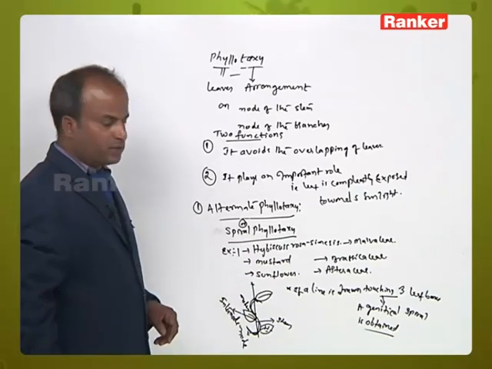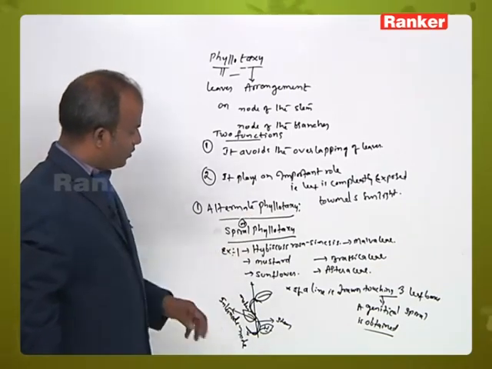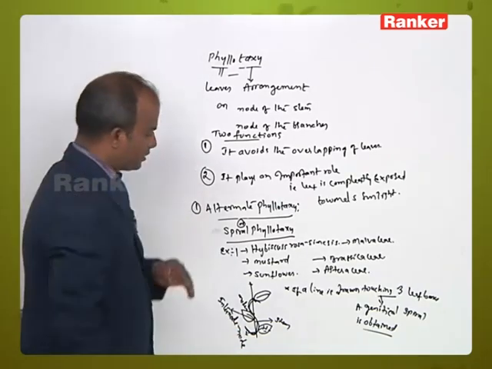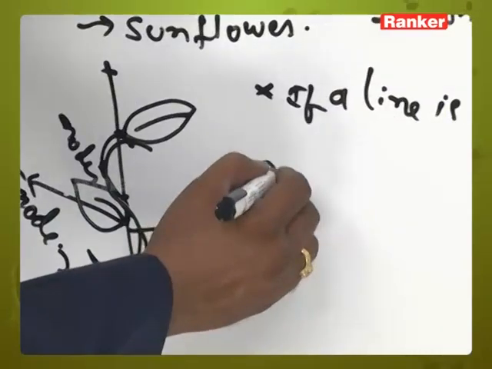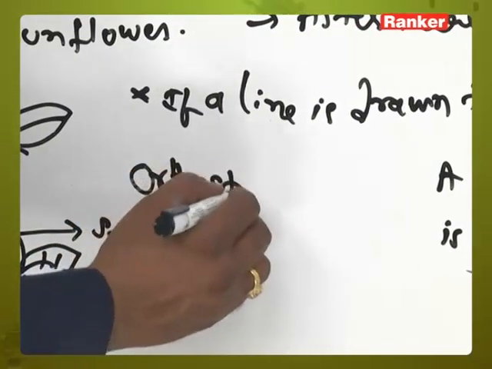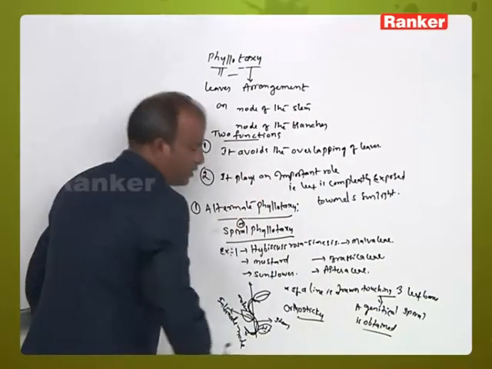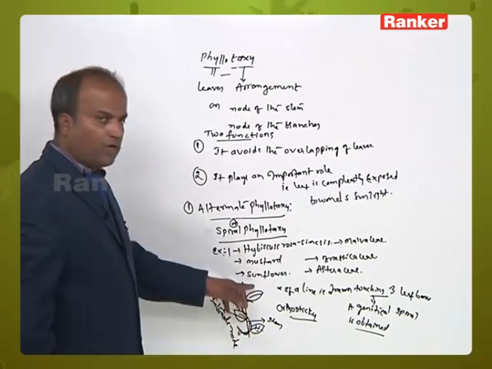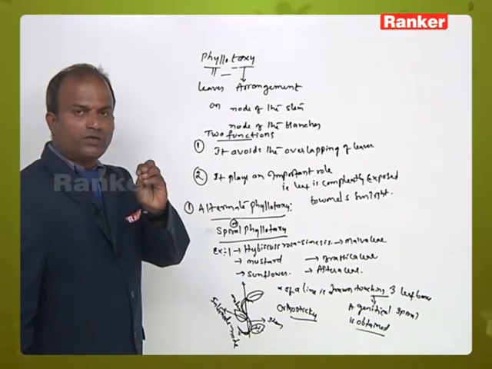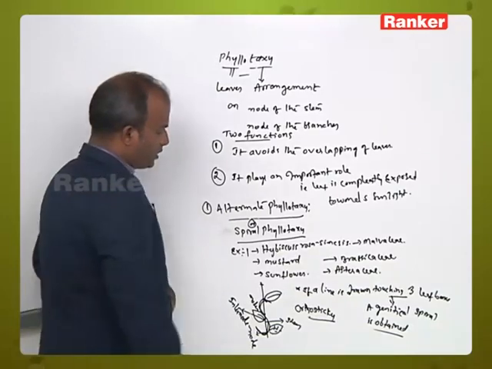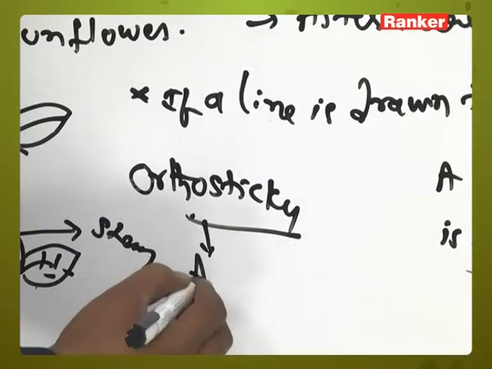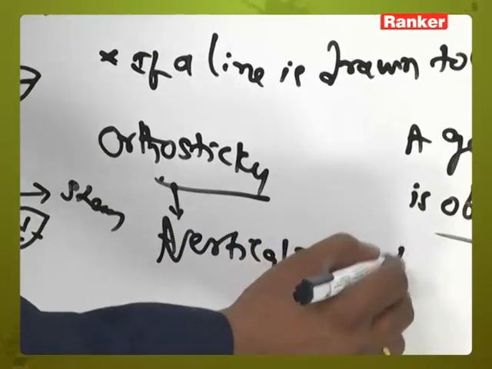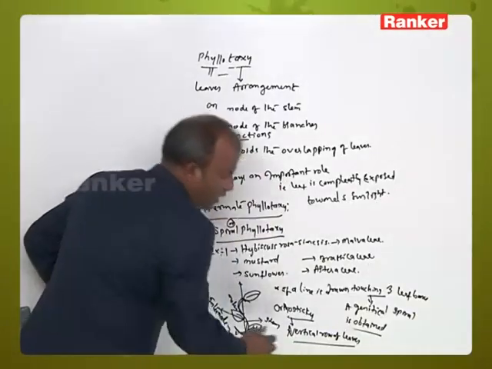Now in this alternate phyllotaxy, based upon this diagram, it shows how many orthostichies? What is meant by orthostichy? A vertical row of leaves is nothing but an orthostichy.